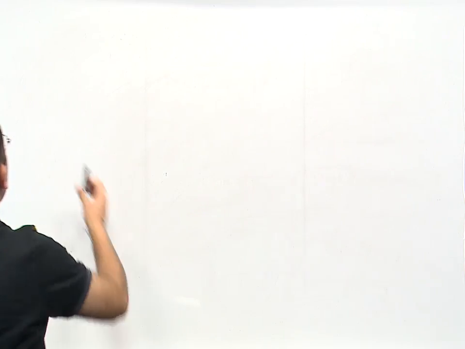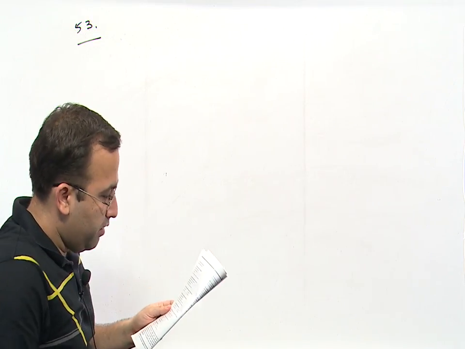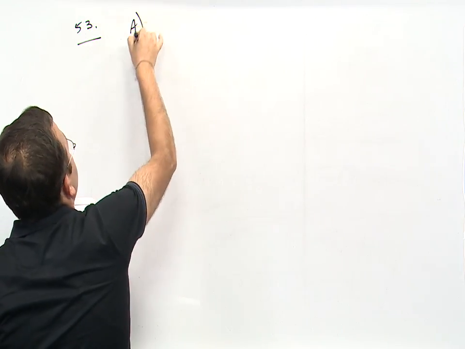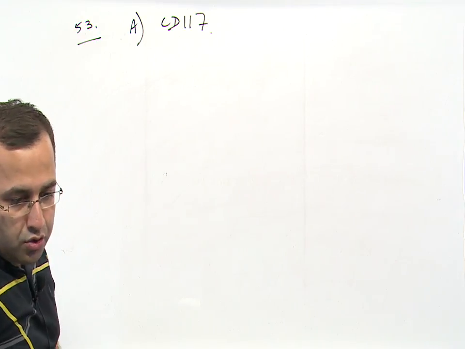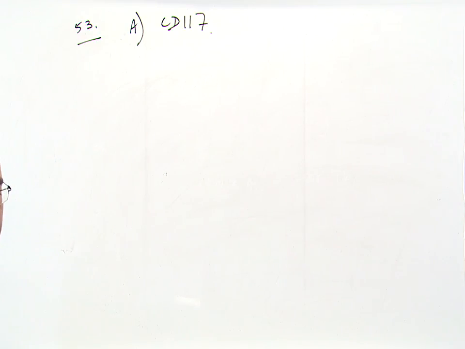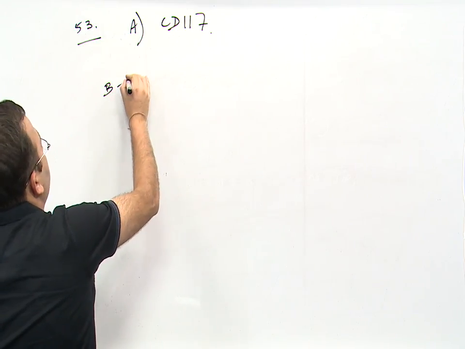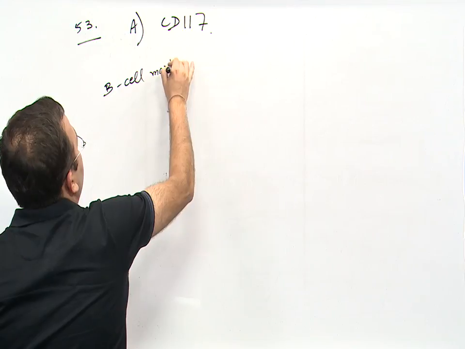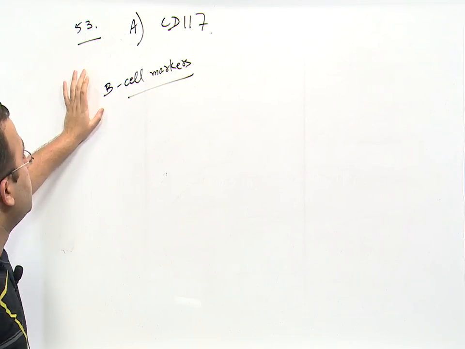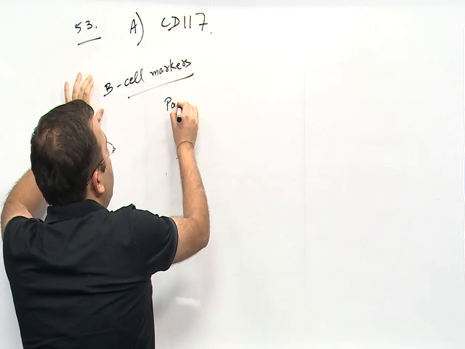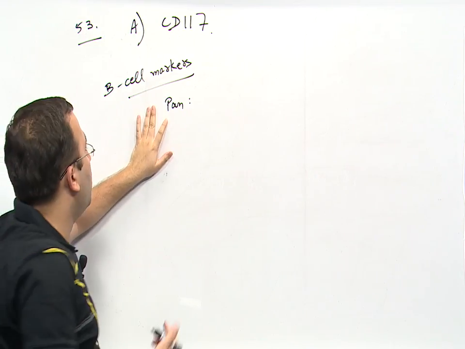This gets us to the next one, question 53. Most specific marker of myeloid series: CD117. Coming to the list of markers, this list is important, starting with B cell markers.